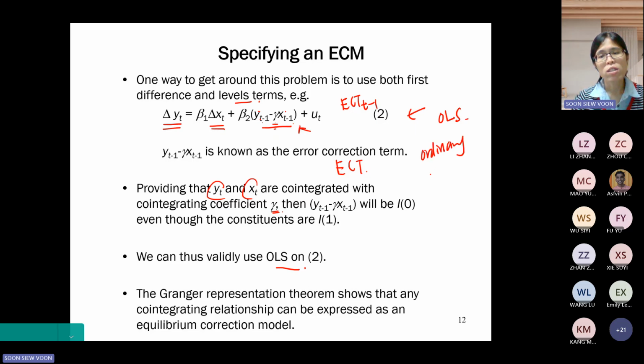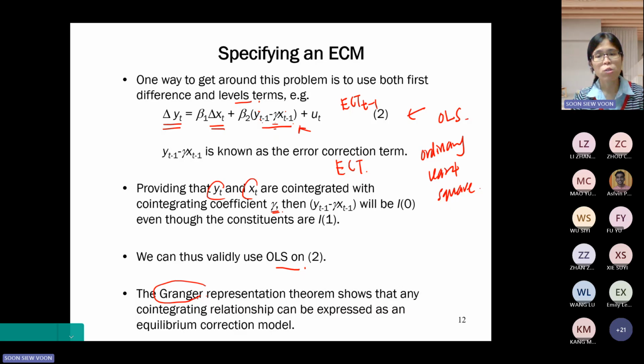We use the OLS approach to estimate the error correction models. So the last point here is the Granger representation theorem. It is a theorem proposed by Granger, an econometrician.